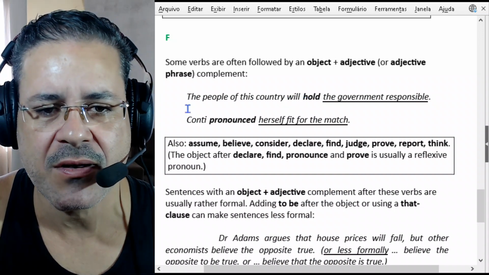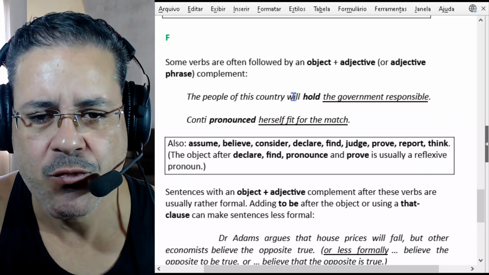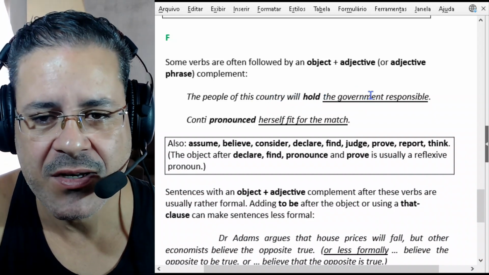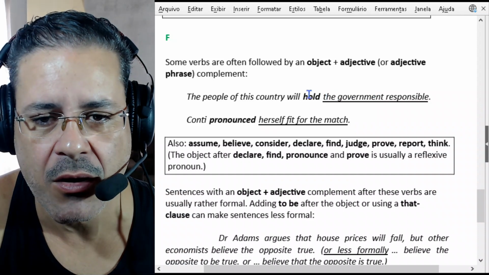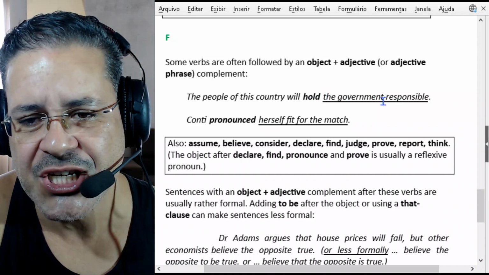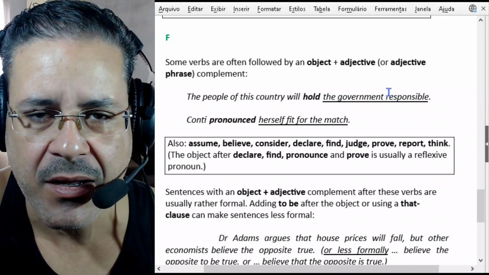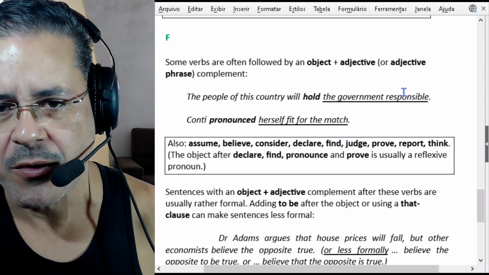So notice that we say the people of this country will hold the government. This is the object of the verb to hold, but it's followed by the adjective responsible. That means that the government will be considered responsible.